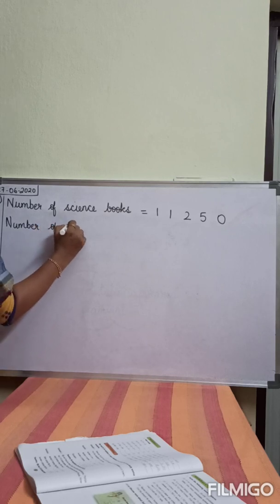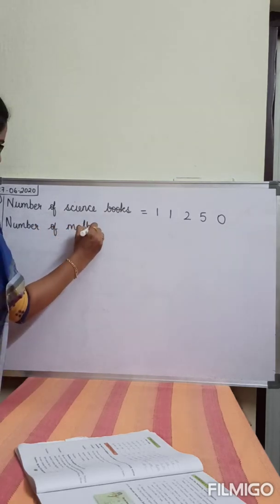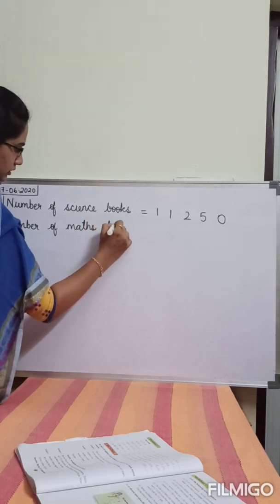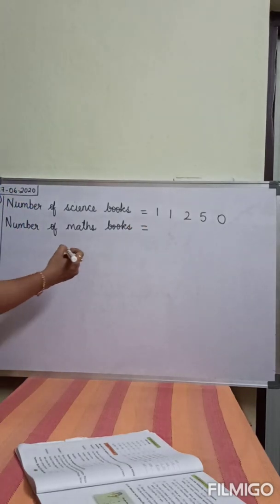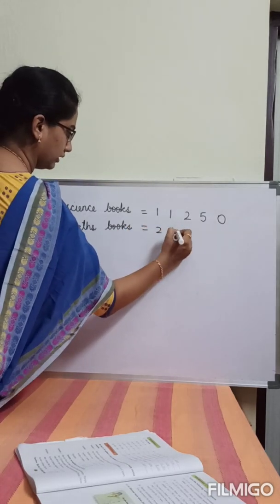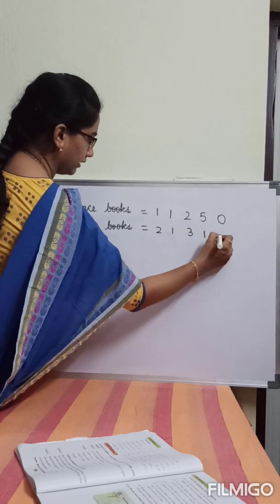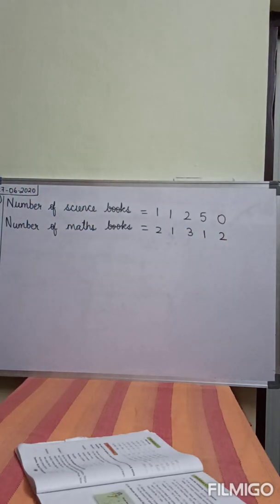Next, 21,312 maths books. So the next statement will be number of maths books is equal to 21,312. Next is 20,143 Hindi books.